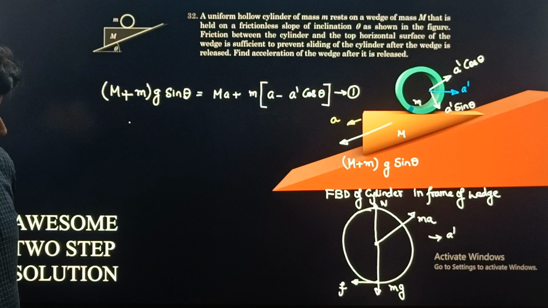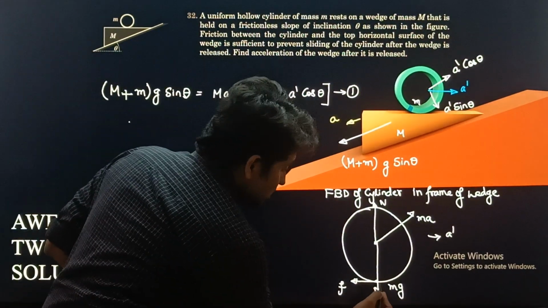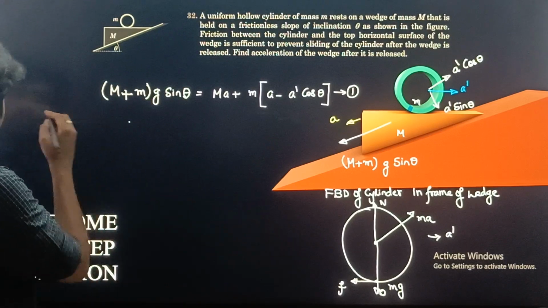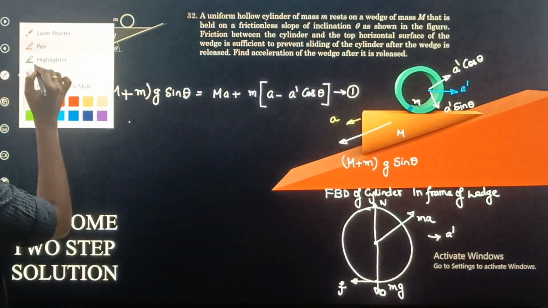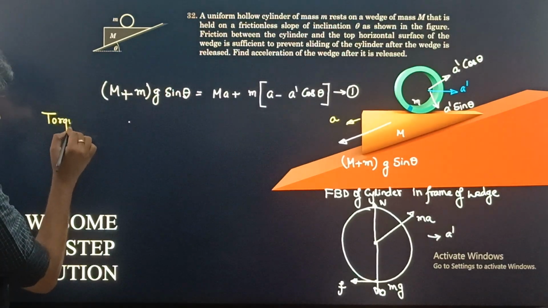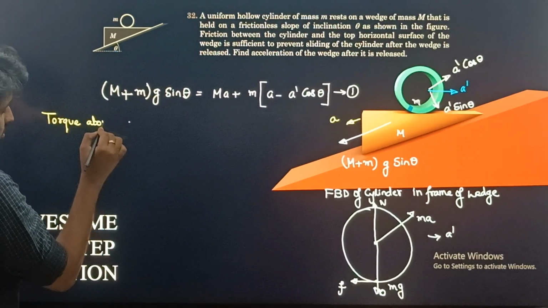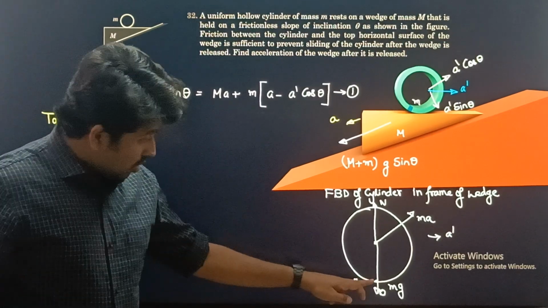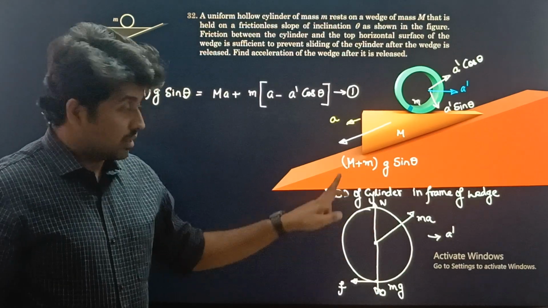Now what I'm going to write here is the torque about O on the cylinder.